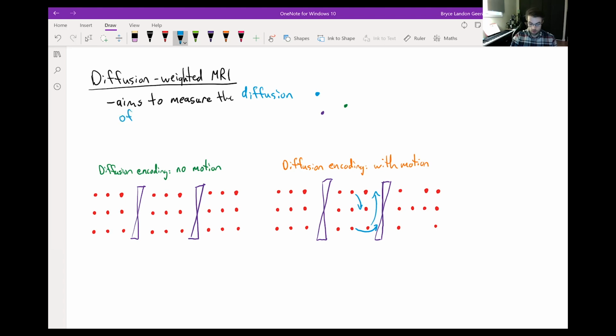Diffusion of water. And the way that we do this is to actually encode additional phase information. So I will add that jot note as well.